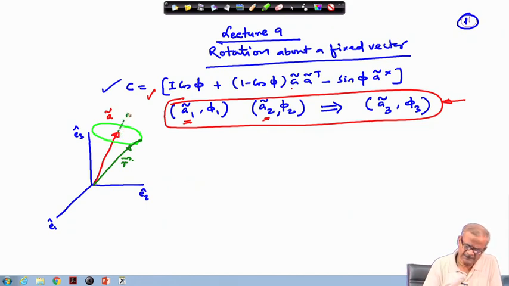So, we consider that this is along this direction. The A tilde vector may be of unit magnitude. Obviously, A tilde is not of this magnitude, but we are just showing it like this, that A tilde is along this direction. Okay.